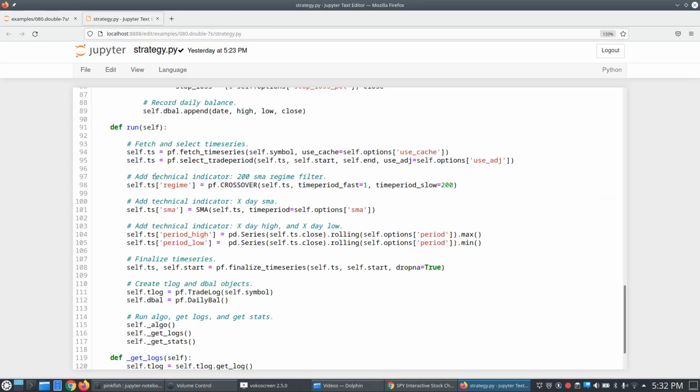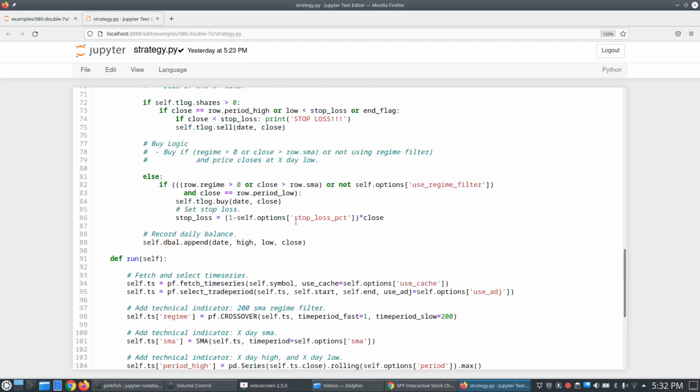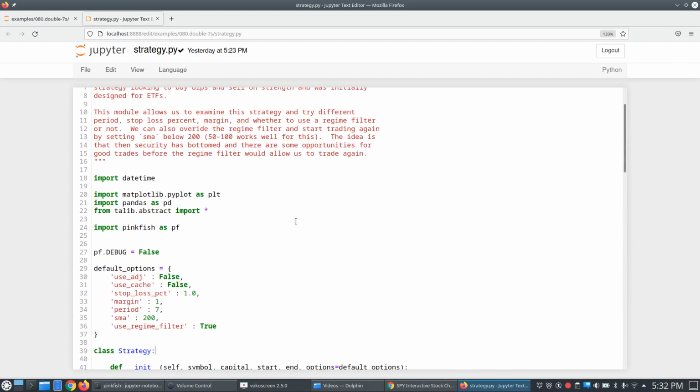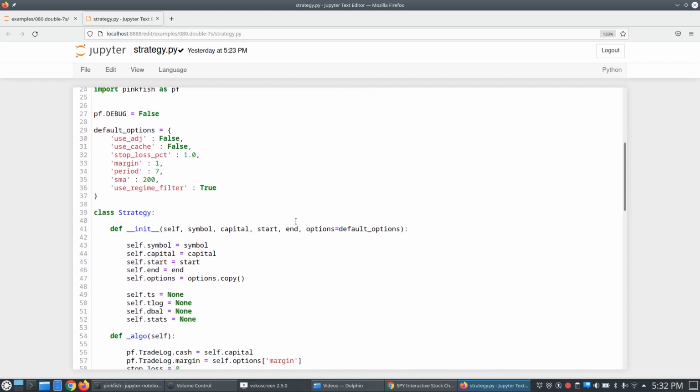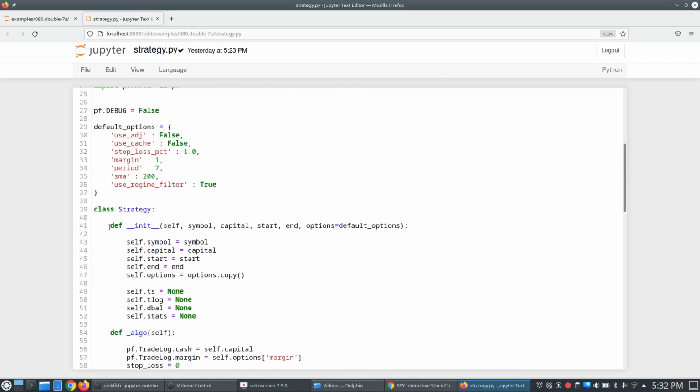Okay, so the first thing we do is we set up some variables and options. So if we look at the init function for this class, we see that it has the symbol, the starting capital, the start date and the end date, and then a dictionary of options.